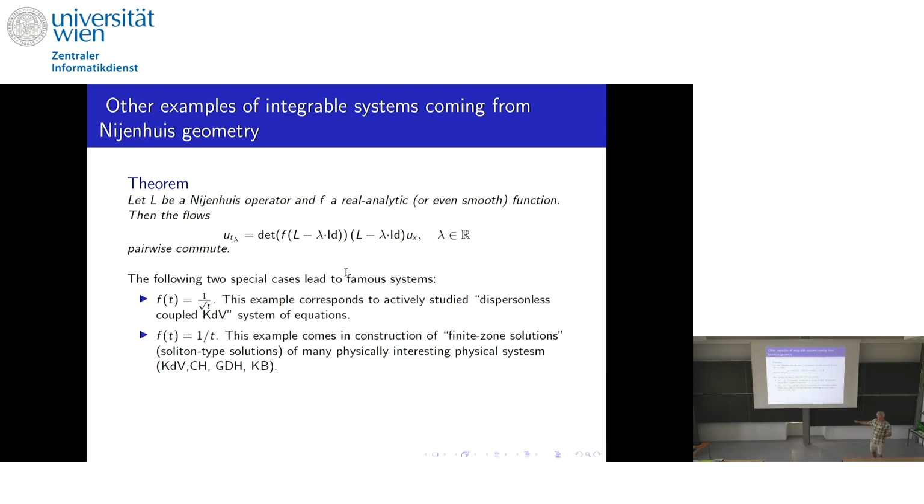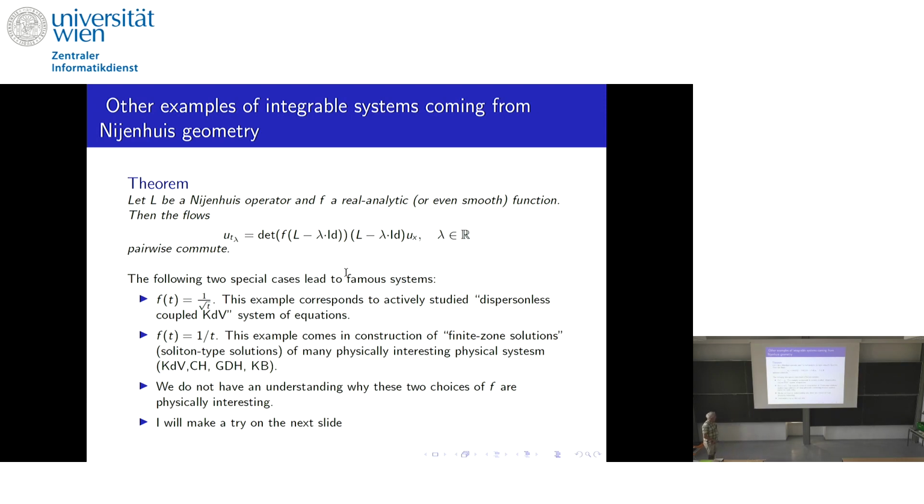There are wave equations which normally describe asymptotically small waves. It is not just a more general one, but these two cases were studied. This case I already mentioned was studied in many interesting physical structures and contributes to so-called finite zone solutions, sometimes called finite zone potentials.